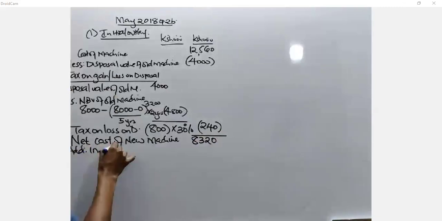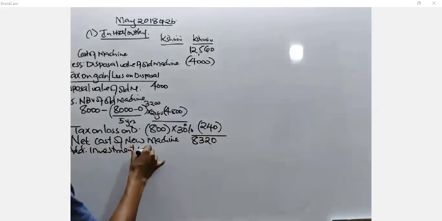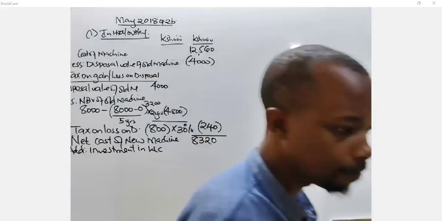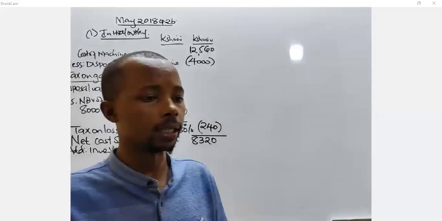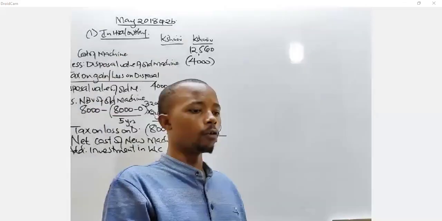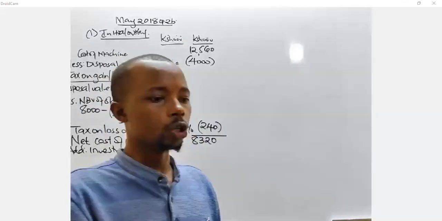in working capital. How much is the investment in working capital? We can check from the question. It is somewhere in paragraph 2. The examiner was saying the new machine is expected to cost 12,560 million with a salvage value of 4 million at the end of its useful life of 5 years.